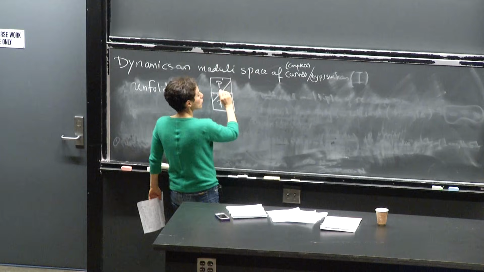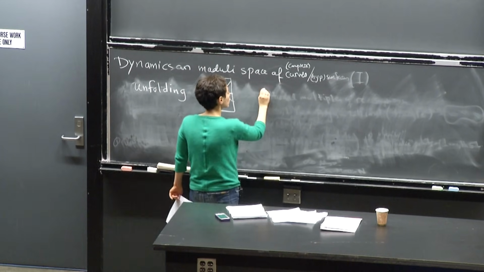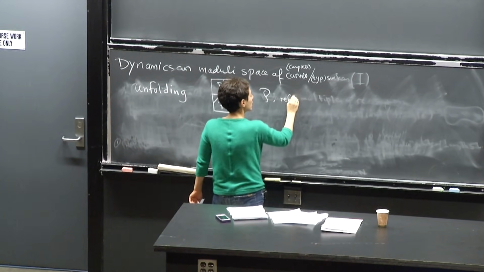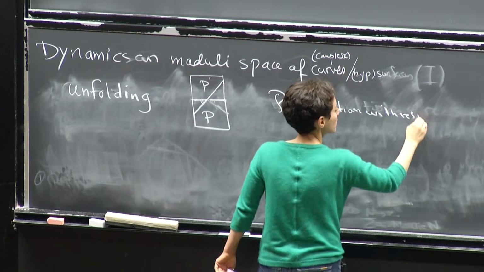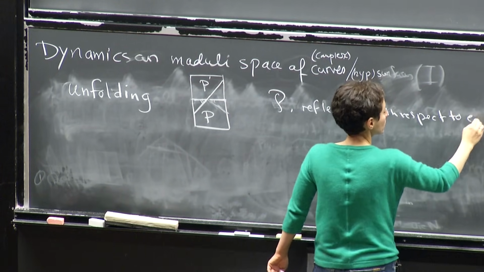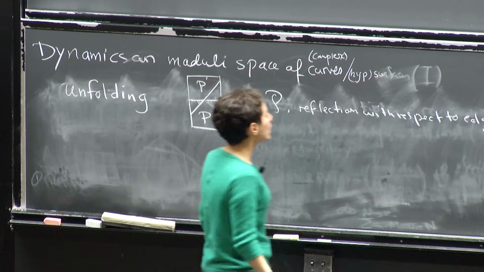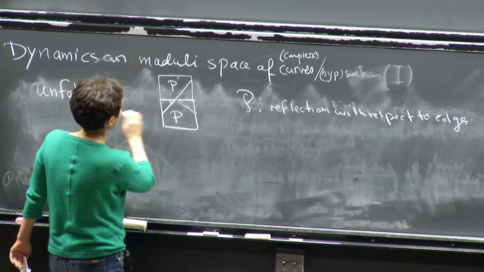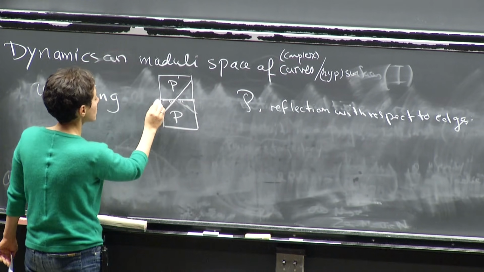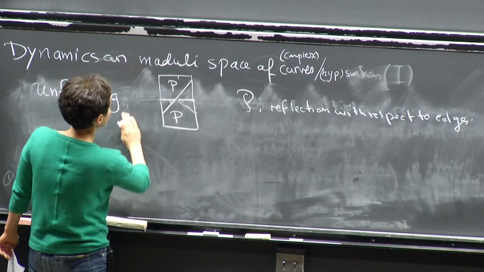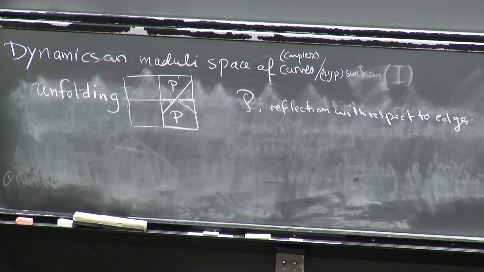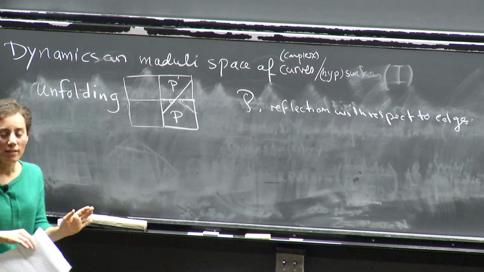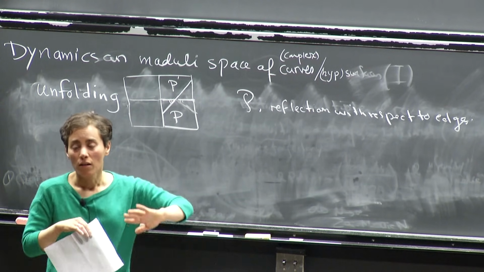And so the nice thing is that if you start from P and you take reflections with respect to edges, for example, if you have P, you have 4 of these guys. But then the number of guys that you get is finite.